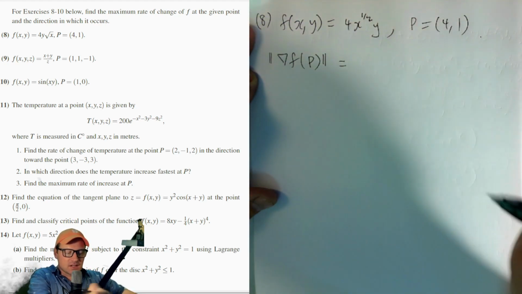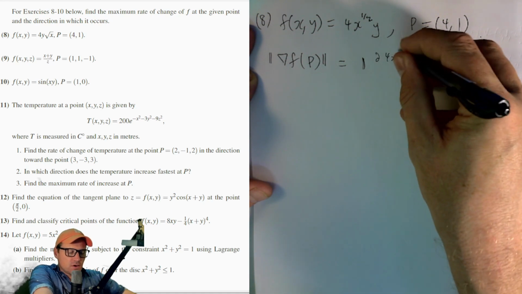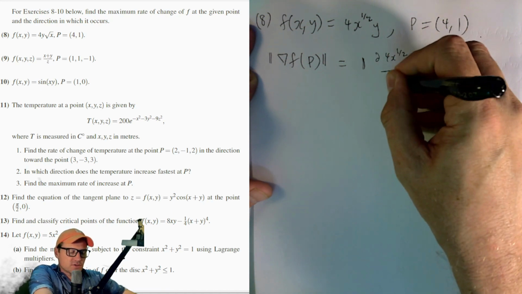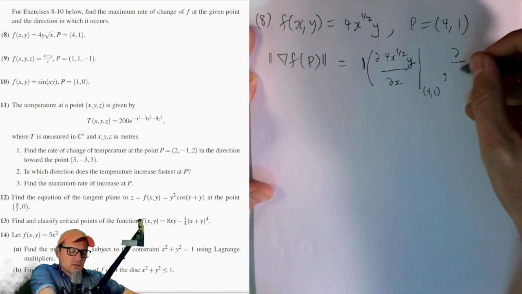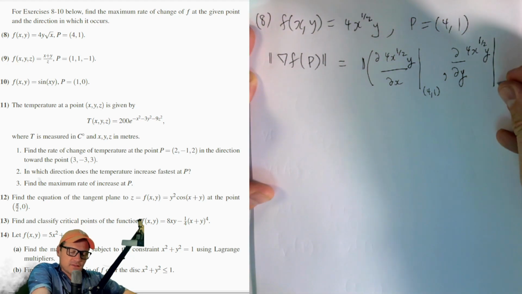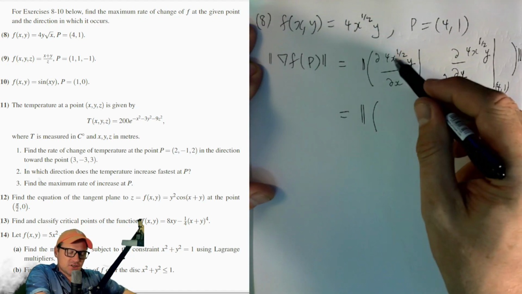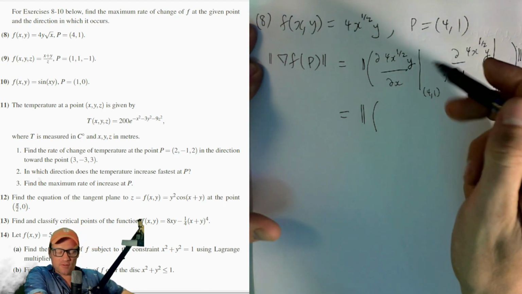We first need to calculate grad f, so that's the derivative of 4x to the 1/2 y with respect to x at the point 4, 1, and then similarly differentiating with respect to y, and then evaluating that at the point 4, 1. So differentiating this function with respect to x, we bring down the 1/2, we subtract 1/2 from the exponent.